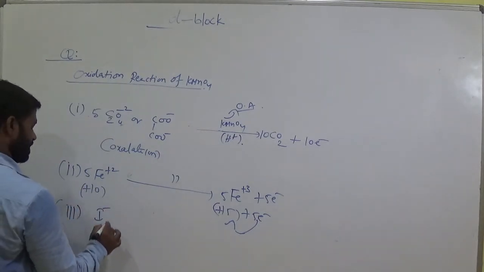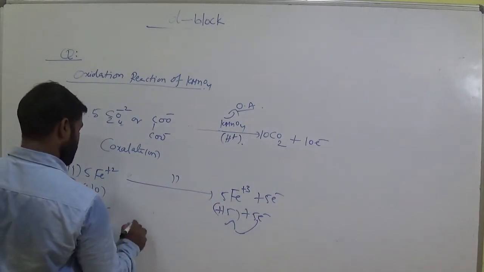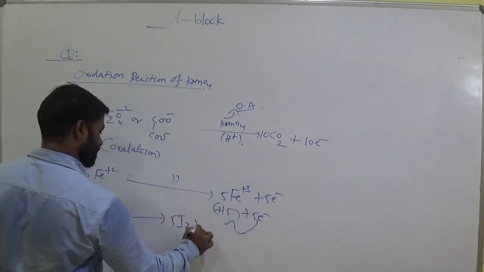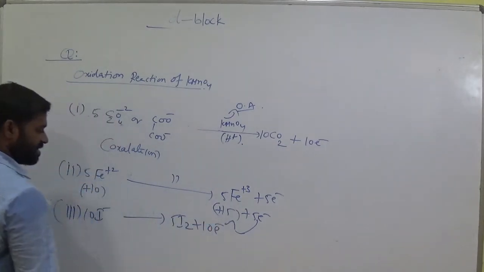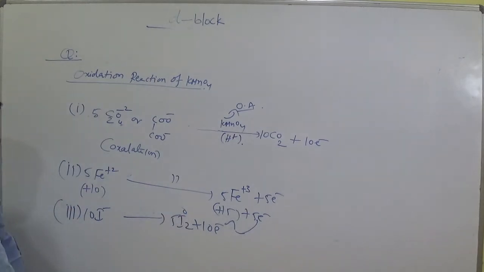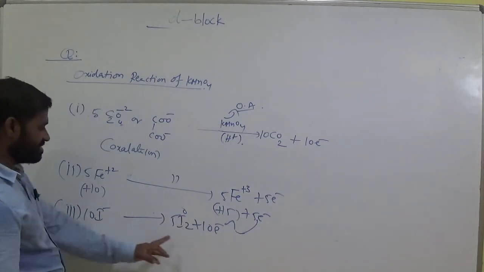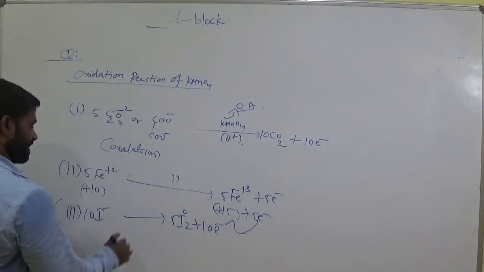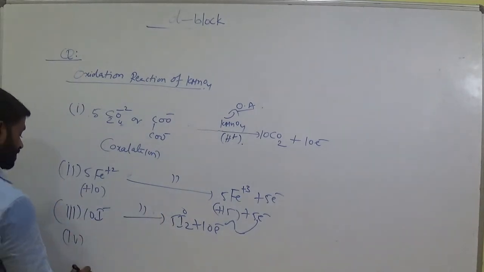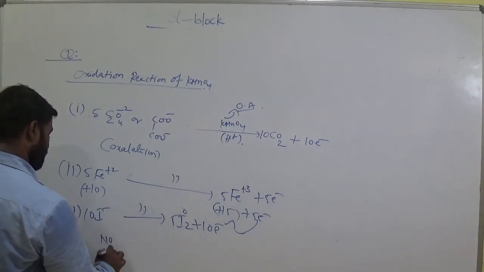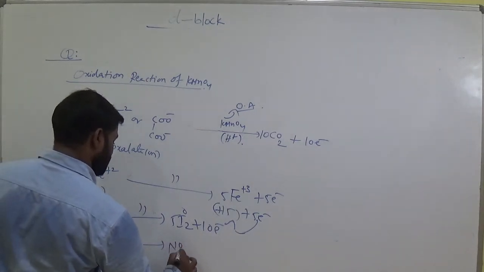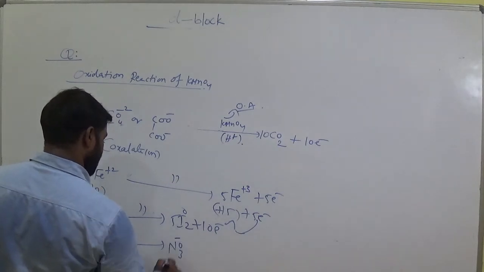And also I minus gives rise to I2 by the loss of 10 electrons here. Here it is 0. Okay. Here 10 electrons, both are equal. Same conditions here also. Okay. And we also have NO2 minus, it gives NO3 minus.